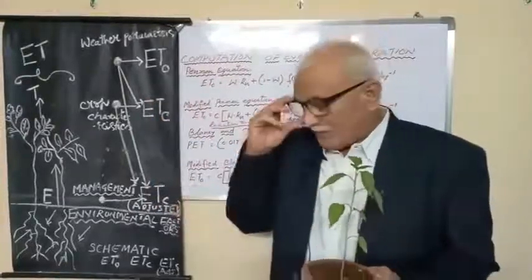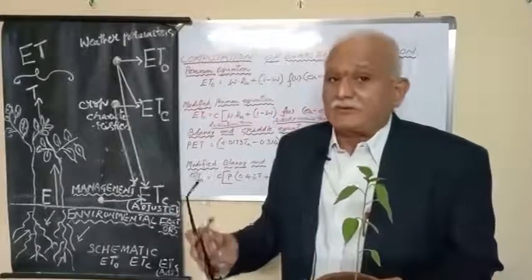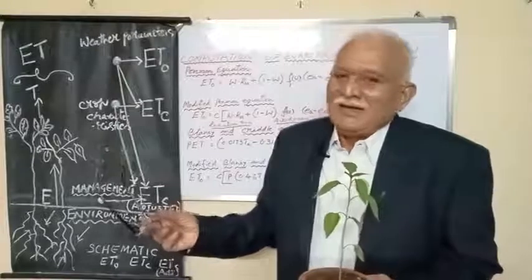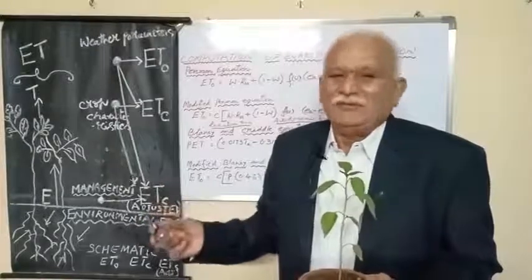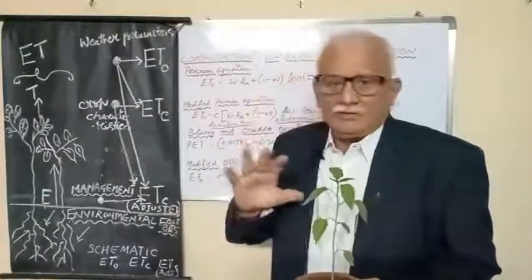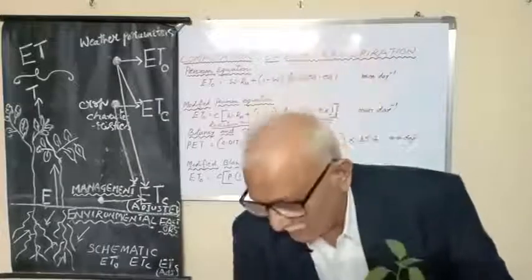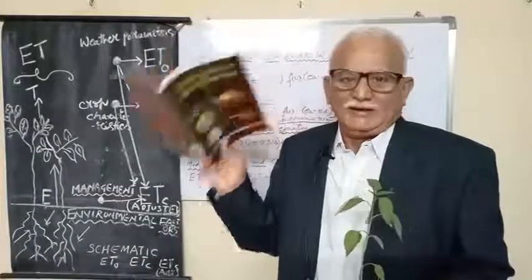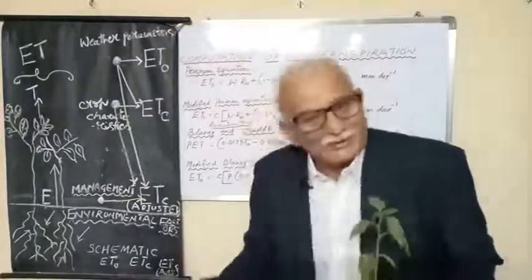Let us not go for confusing terms like actual ET, PET, ET from any other source like that. Different terms are there, but to avoid any scope for confusion, in this book we have given very clearly that we are going to discuss only these in class.